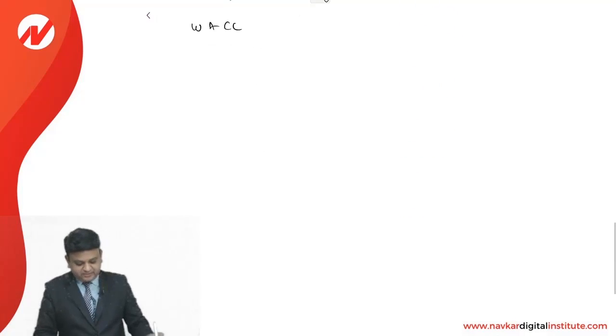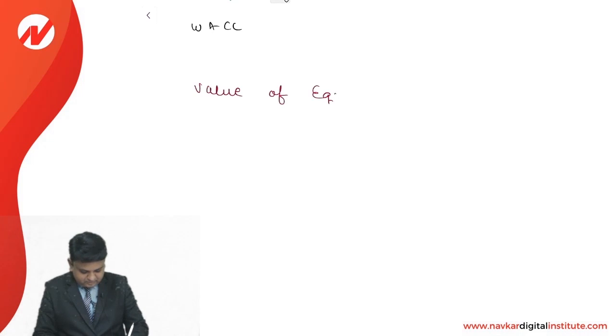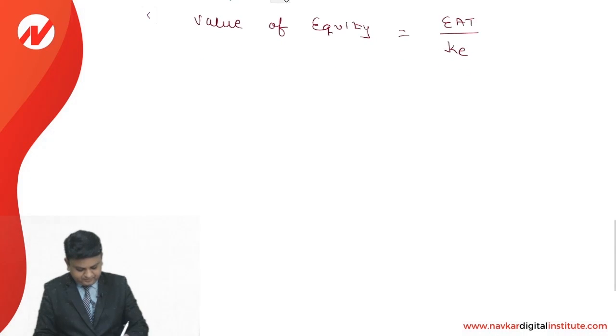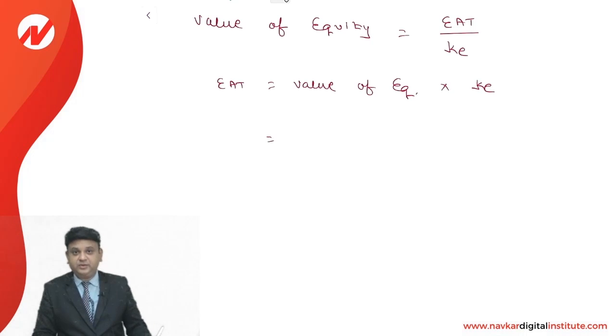So we understand something like this. Value of equity is equal to earning after taxes divided by cost of equity. So earning after taxes is value of equity into cost of equity.